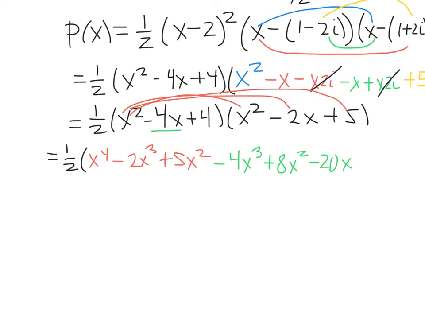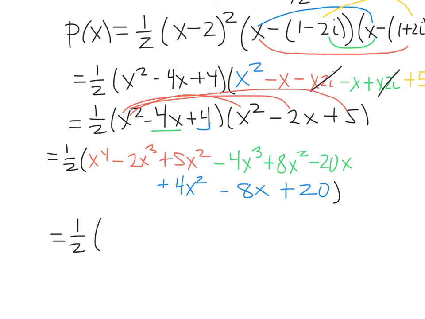Now multiply everything by 4. So we get plus 4x squared minus 8x plus 20. And let's combine like terms.